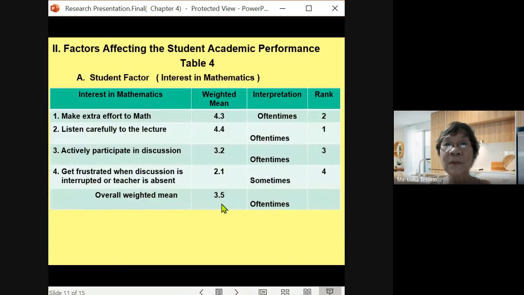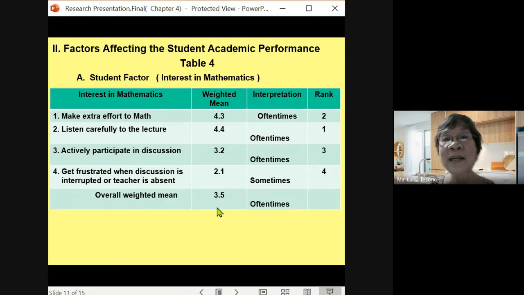Look, we have four columns. The first one are the student factors, the interest in mathematics, categorized into four. In other words, there are four factors affecting the student's interest in mathematics.